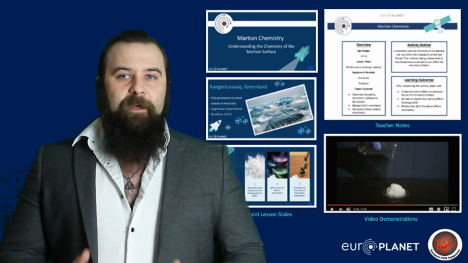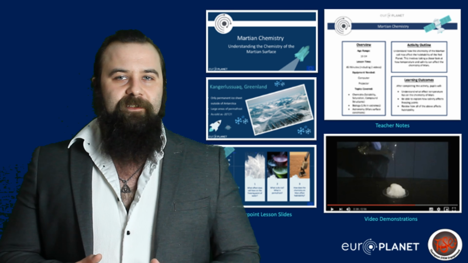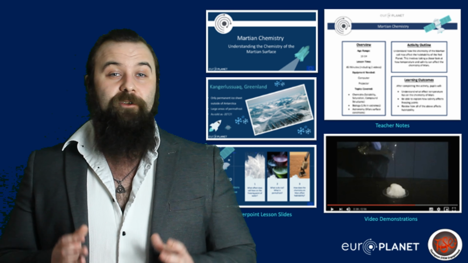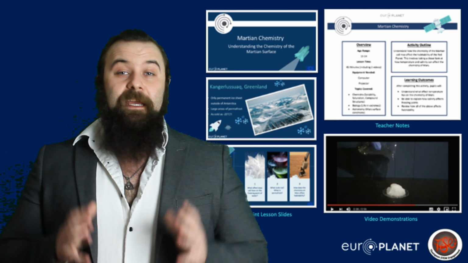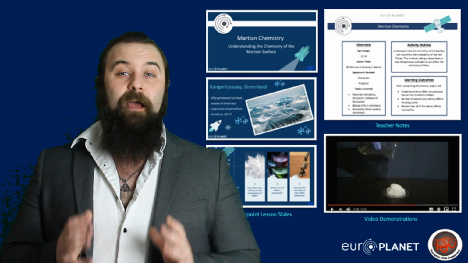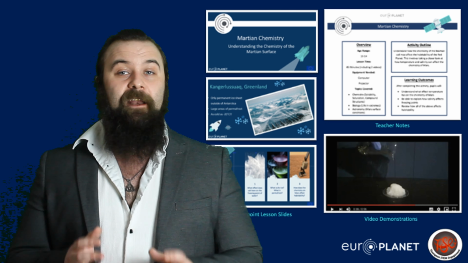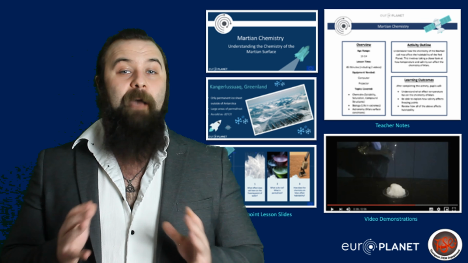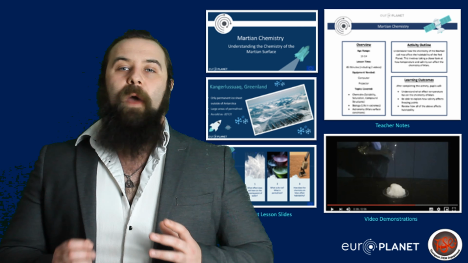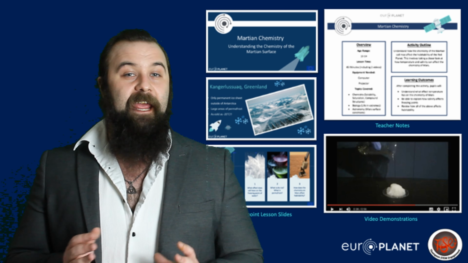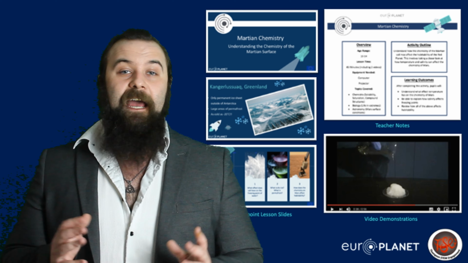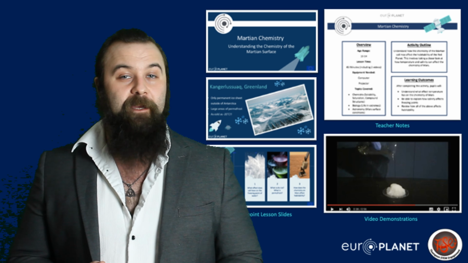To achieve this, we have filmed lab-based demonstrations and included them in the classroom lesson plan alongside teachers' notes. In addition, each lesson plan focuses on how the conditions of planetary field analog sites could affect the habitability of Mars. When creating these resources, we have tried to cover underrepresented areas of school curriculums to help promote the teaching of these topics.